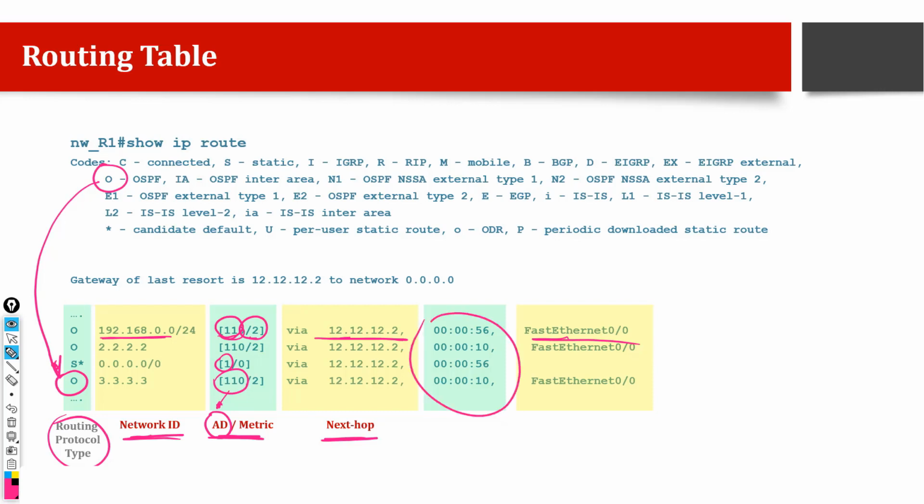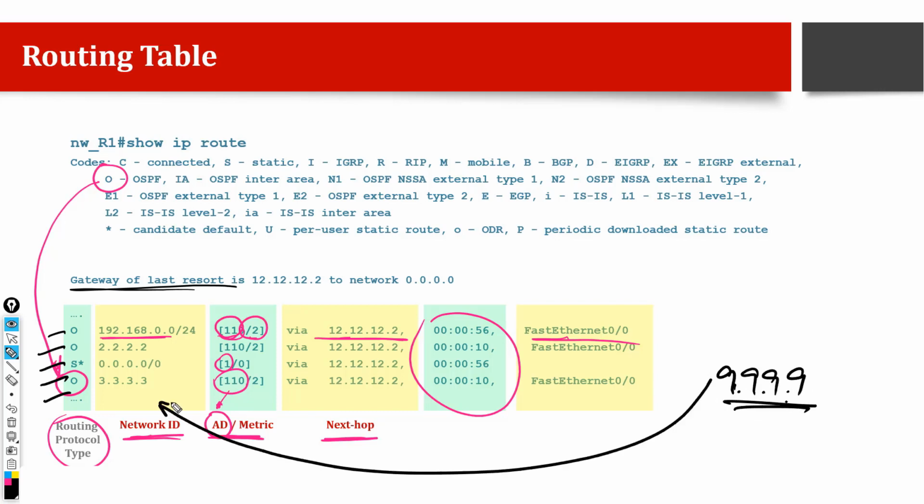And then there is another piece of information called the gateway of last resort. This means the default gateway, if you cannot find the route here. For example, if you want to reach the network 9.9.9.9, this network is not here. It means to reach this network you will have to send it to your default gateway.